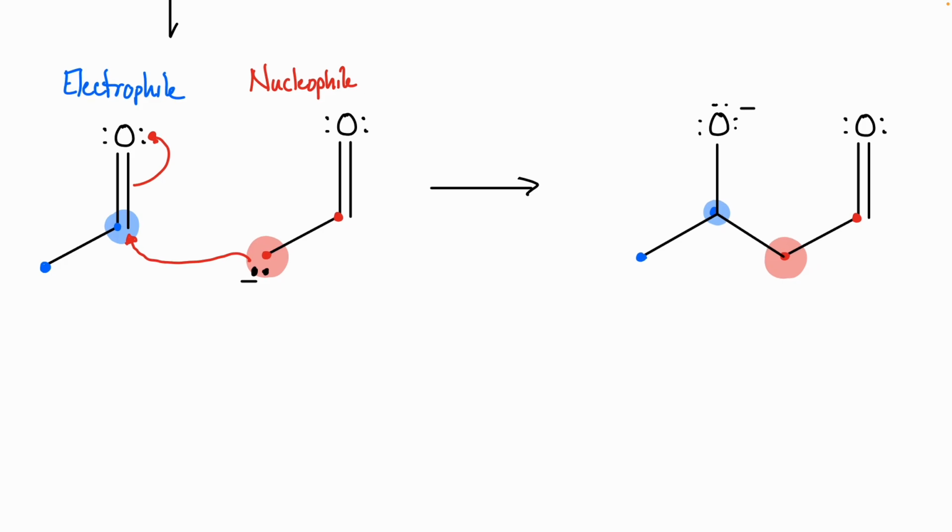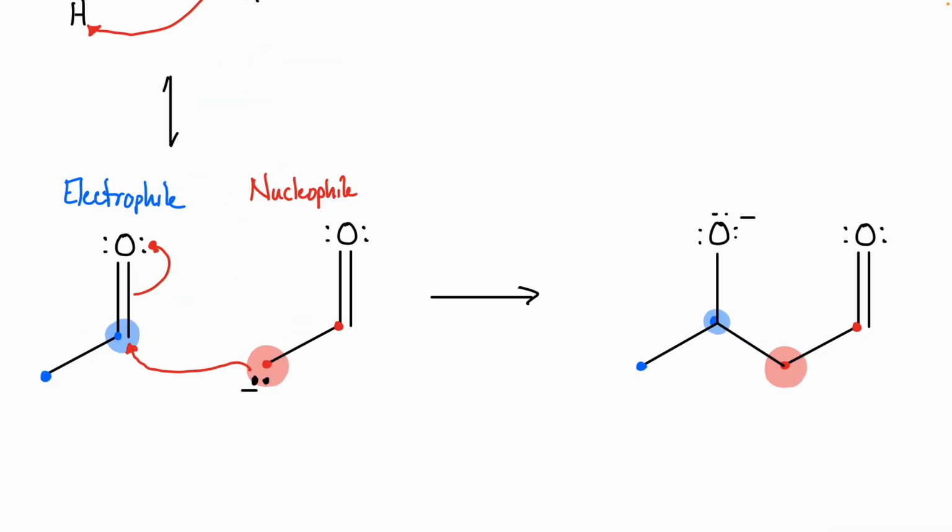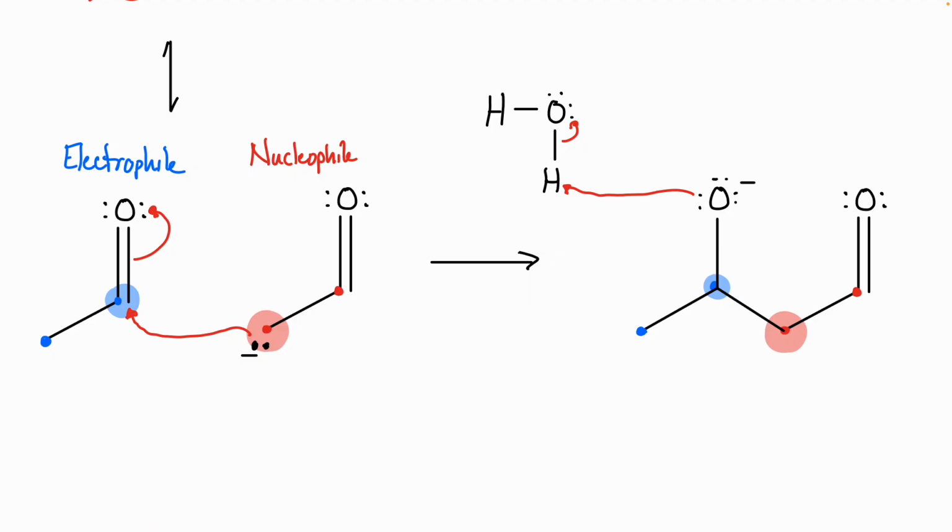All right, and this thing here, this alkoxide ion, my oxygen with a negative charge, is just kind of stuck until that water molecule that we created in that first step floats by, and it can deprotonate that water, creating our aldol product.